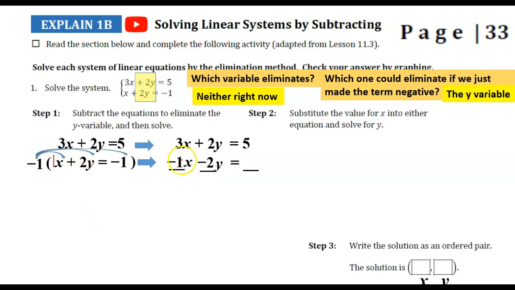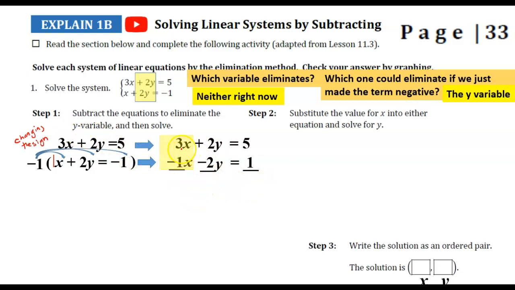Notice how we're just changing the sign. The +1 became negative, the +2 became negative. And what do you think is going to happen to this -1? It's going to become positive. So by subtracting, we're just changing the sign but keeping the numbers very similar.